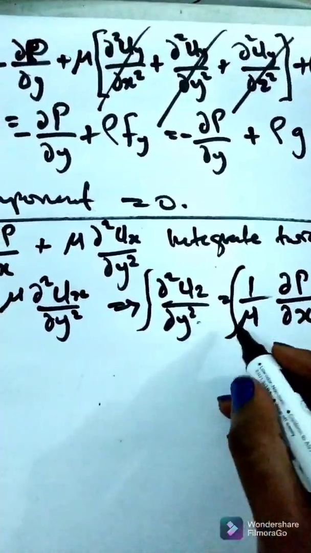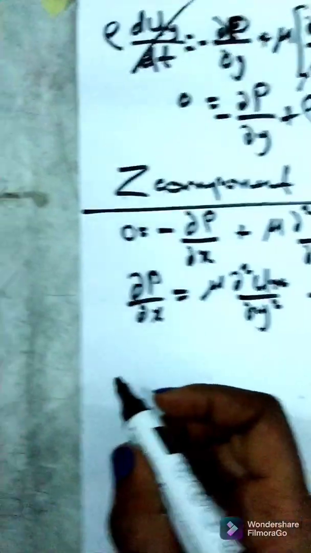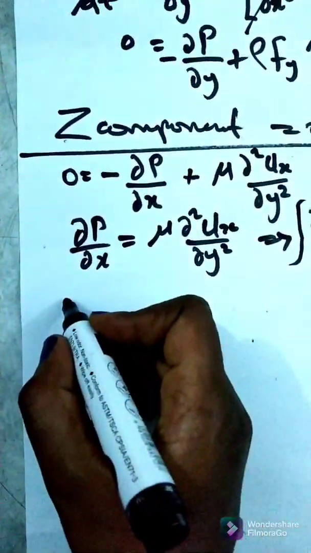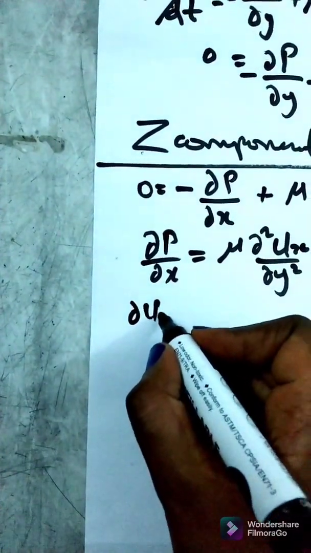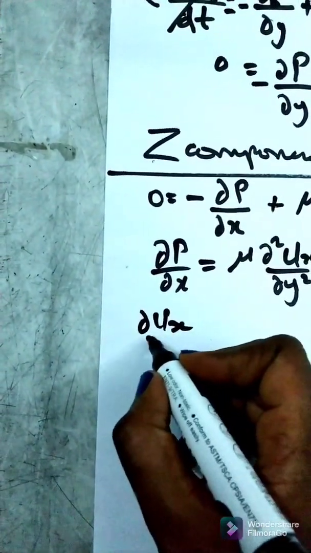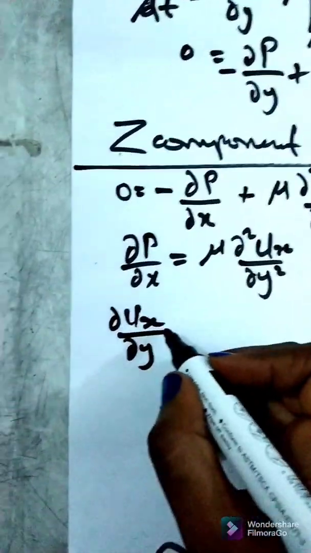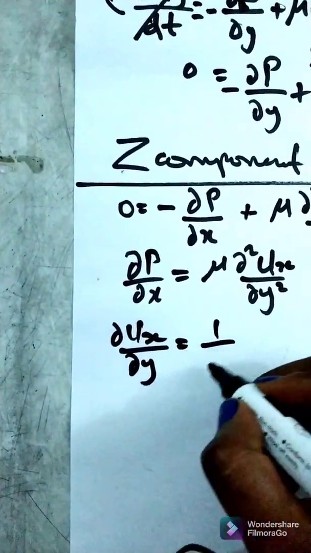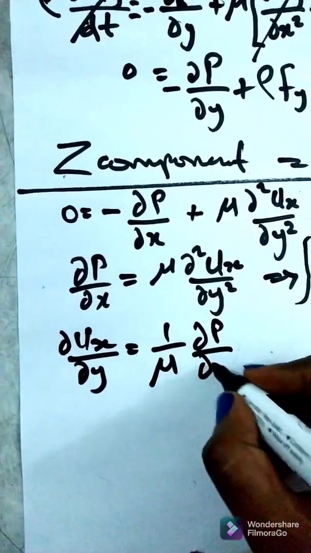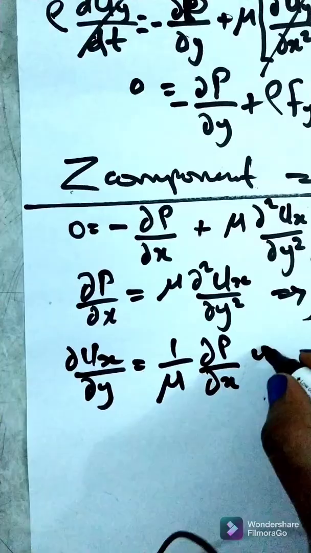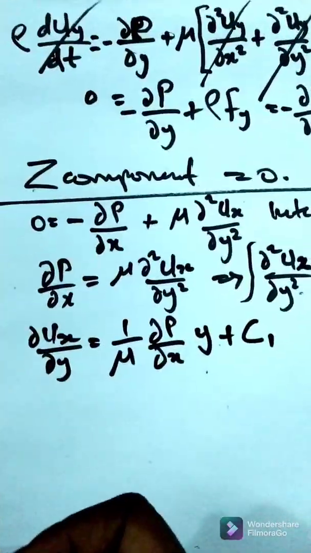So integrating this function with respect to y, on both sides, our answer will be partial ux all over partial y equal to 1 over mu partial p partial x y plus our constant c1.